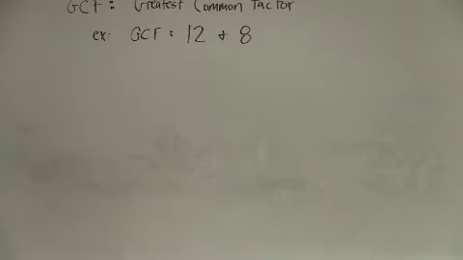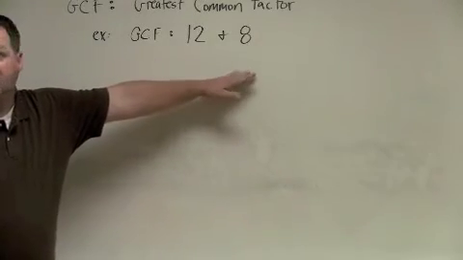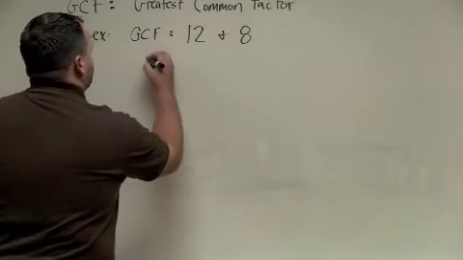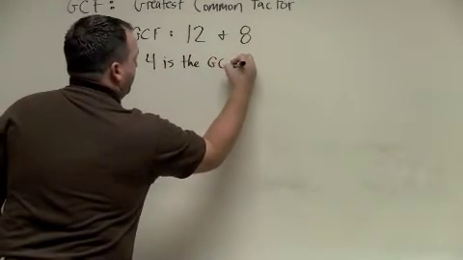That is a factor of both of them. Anybody got the answer? 4. Everybody agree it's 4? 2 goes into both of them, yes. 4 goes into both of them, yes. Does anything higher than 4 go into both of them? No. So we would say that the answer is 4, the GCF.